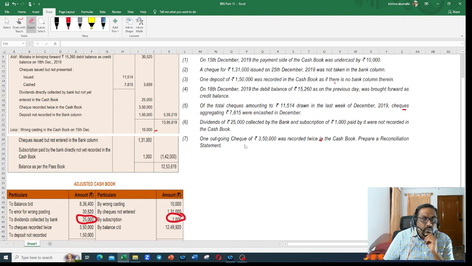Next, an outgoing check of 3,50,000 was recorded twice in the cash book. Outgoing check is nothing but an issued check. Issued check recorded twice in the payment side. Since it is recorded twice in the payment side, once you need to rectify by debiting in cash book. So what I did, I debited that in my cash book.